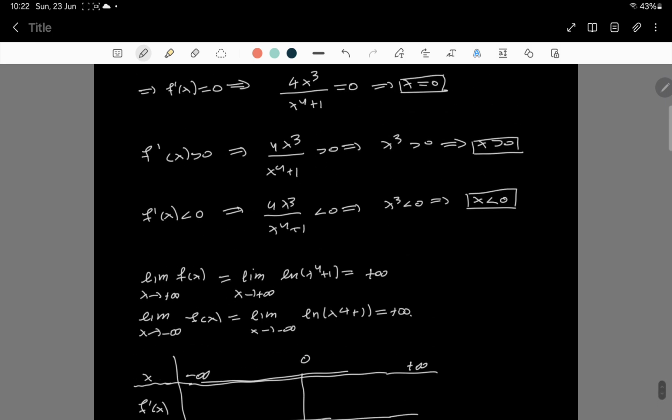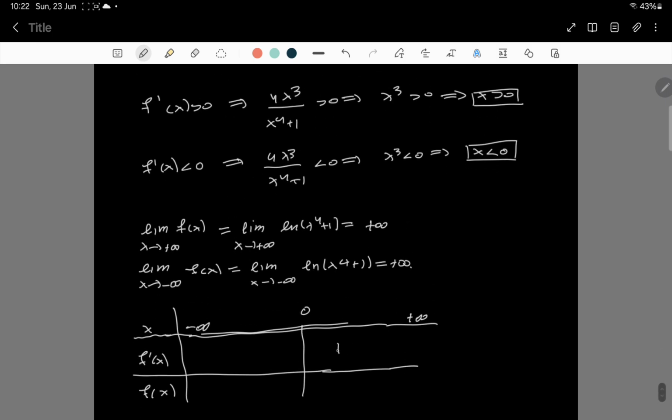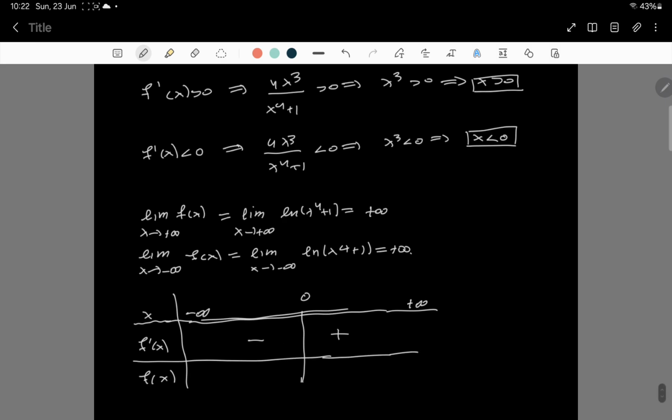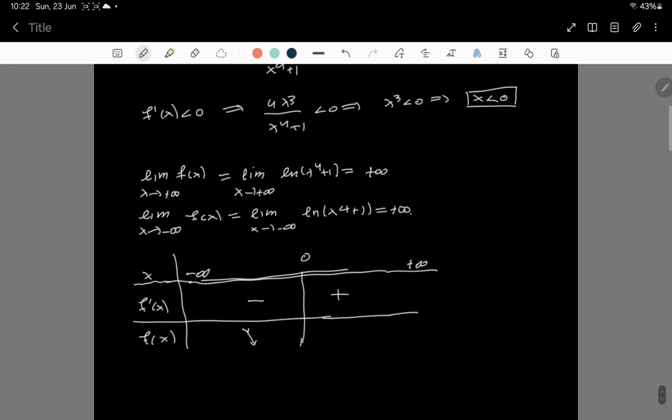So if x is greater than 0, the derivative is positive, and if x is less than 0, the derivative is negative. So here we draw an arrow that goes down, and here we draw an arrow that goes up. Negative derivative means that f is monotonically decreasing. Positive derivative, f is a monotonically increasing function.